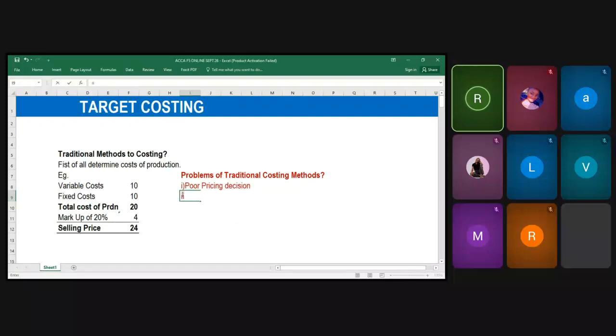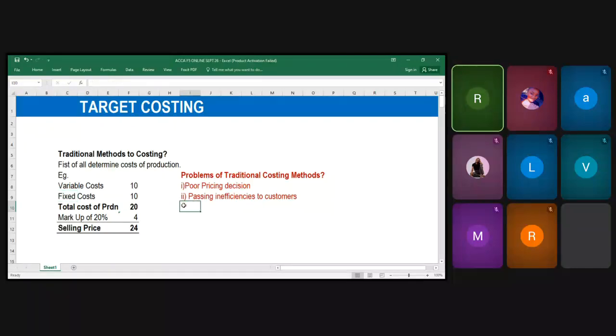Number two, we end up passing inefficiencies to customers. So we are going to make customers pay for our inefficiencies. Why? Because we haven't scrutinized the variable cost of $10. We haven't scrutinized the fixed cost of $10 here to verify whether we are producing our goods at a very efficient level.